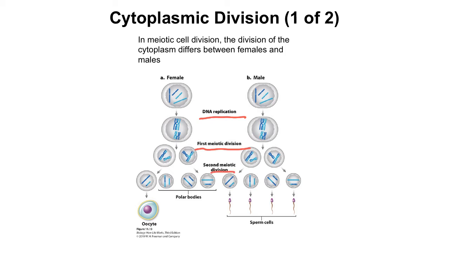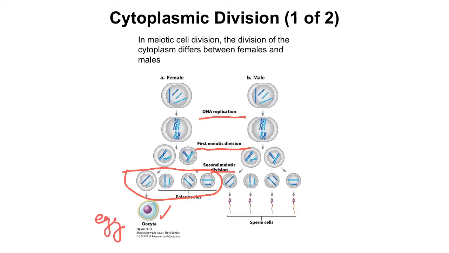However, the daughter cells that are generated are quite different. In females, most of the cytoplasm is retained only in one of the meiotic products called the oocyte, which can develop into the functional egg.